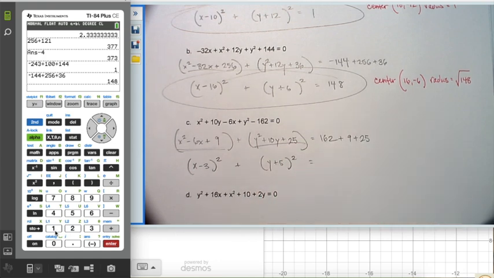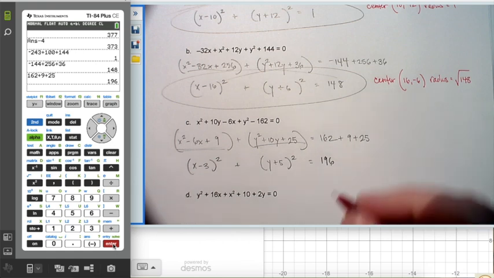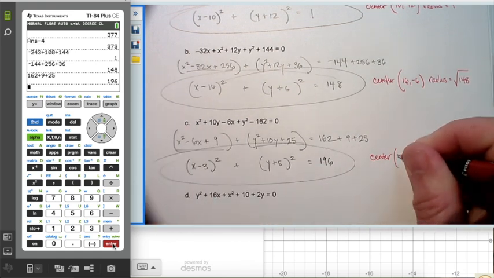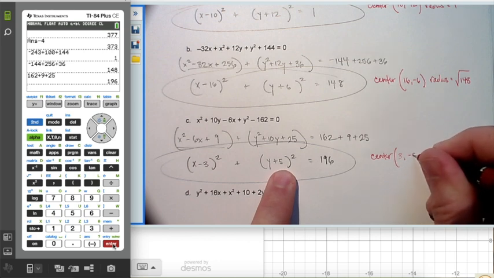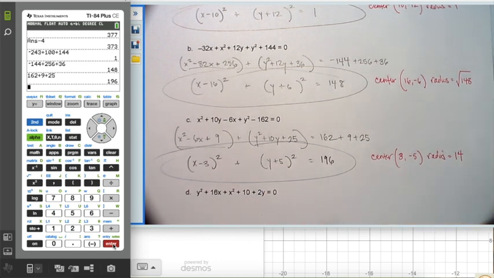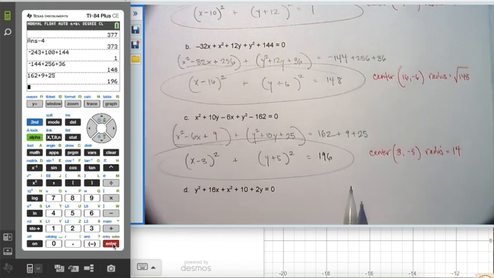That second set of parentheses should end up being y plus 5 squared. And then the constant, my calculator is telling me, should be 196. Oh, I think that's a perfect square of something too. Yeah, 14. All right, so I think the center is going to be at positive 3, negative 5. And I believe my radius should be the square root of 196, or 14.